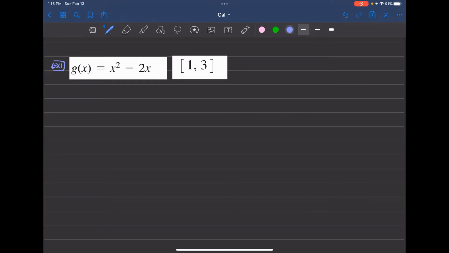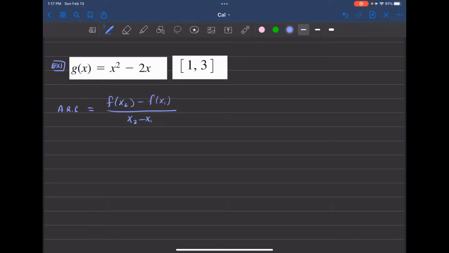So now that we have a little understanding of this formula, let's go ahead and try to do some examples. So here's our function, and we want to find the average rate of change within this interval. So let's go ahead and do that. So we know that the average rate of change is given by f of x2 minus f of x1 over x2 minus x1. You might have known this formula in a different form, but this is the one I'm going to use here.